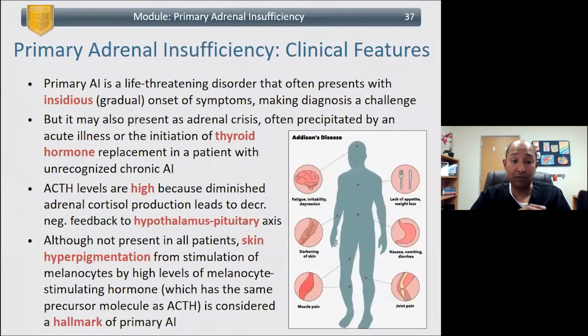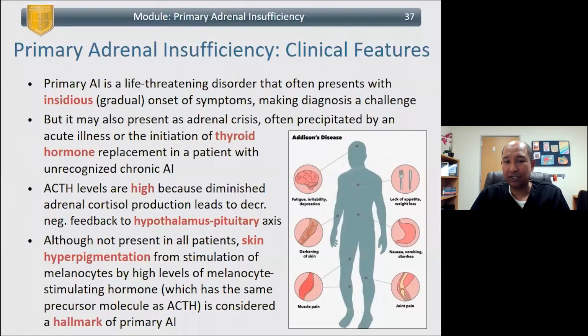That's why the rule of thumb is that you always replace the cortisol first before you replace the thyroid. That combination of hypothyroidism and adrenal insufficiency is sometimes referred to as the Schmidt syndrome. And yes, cortisol first, then the thyroid.